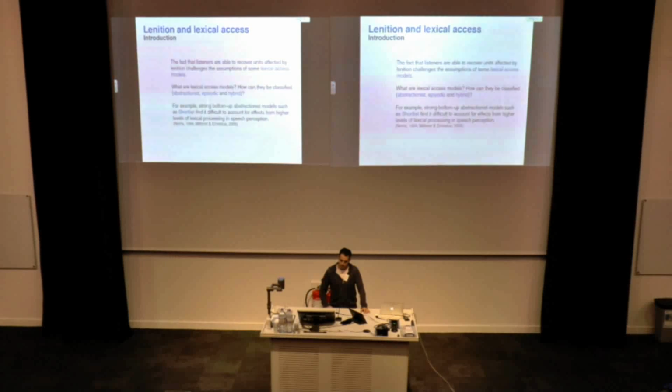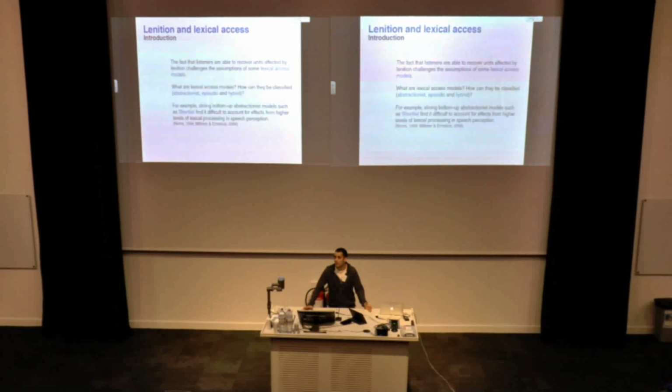Some lexical access models, well, you can classify them in several ways. Some of them assume, for example, that underlying phonological-sized units exist. So some lexical access models would assume that phonemes exist, for example. Those are normally termed abstractionist, and then there are different families.